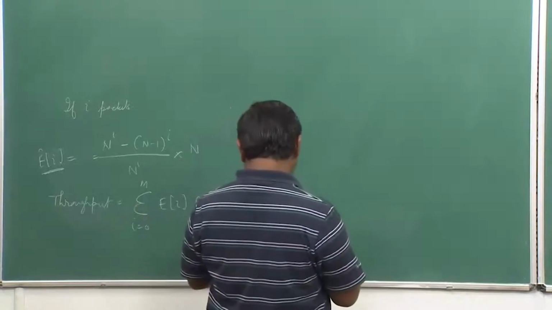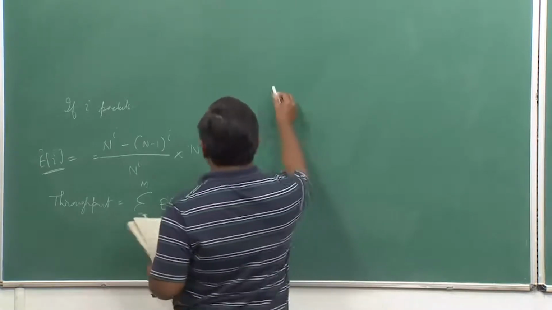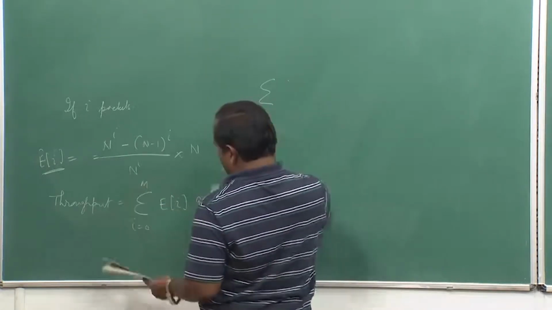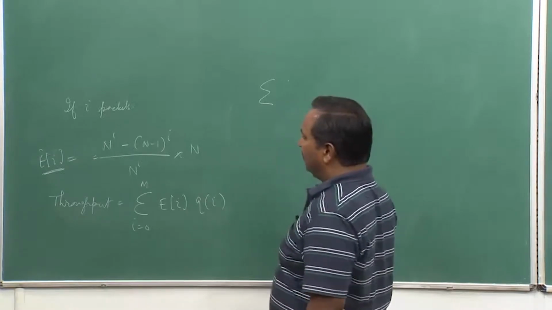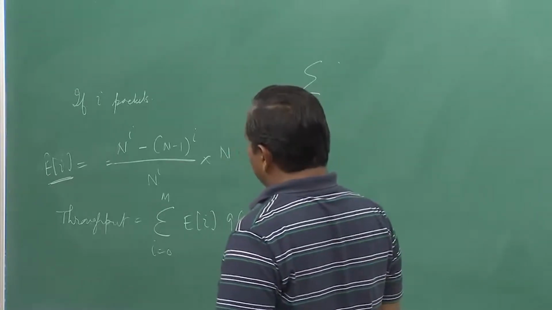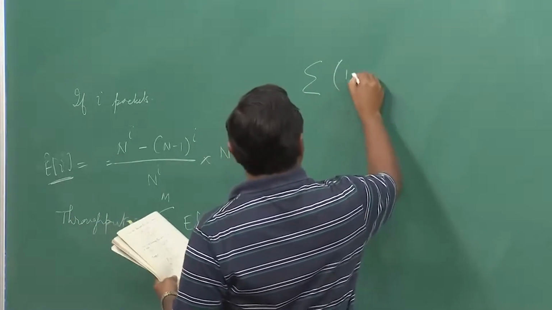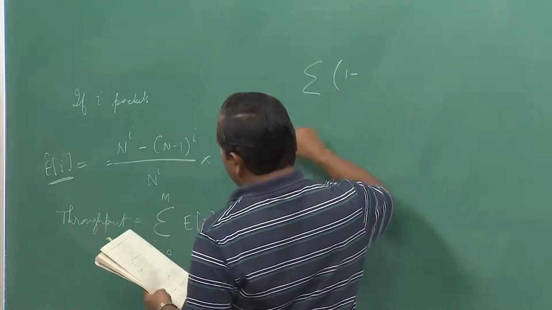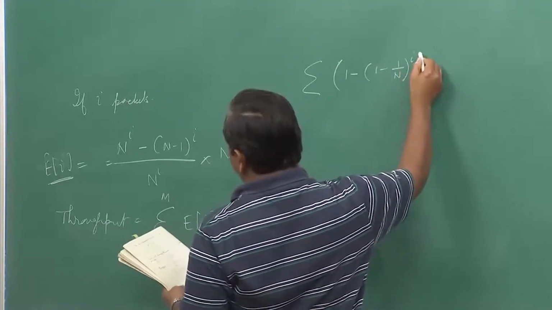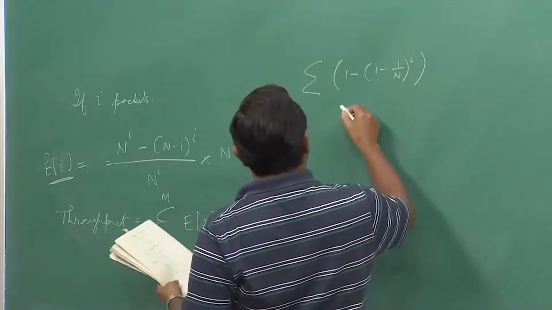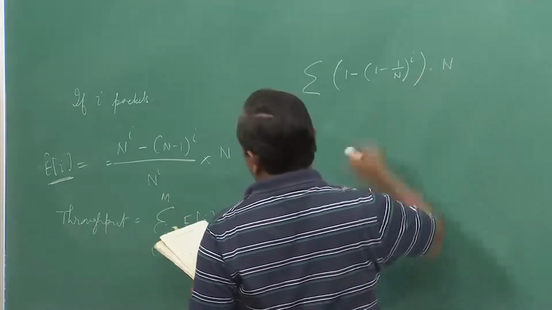So, this turns out to be a summation of. I can actually solve this one. I can take n raised power I out and then make a solution. So, this will be 1 minus one over n raised power I into n.